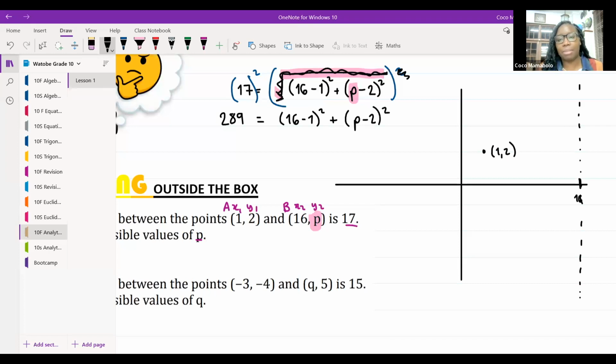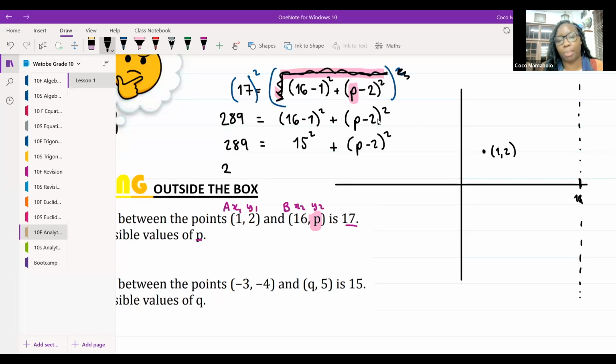I know that 16 minus 1 is 15, so I've actually got 15 squared. I'm going to continue. 289 is equal to 15 squared plus (p minus 2) all squared. What is 15 squared, guys? I want to replace 15 squared. 225. Excellent. Thank you, Teacher Nels.